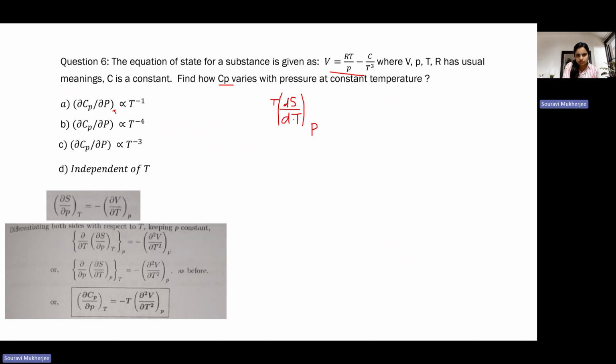So you want this. What you know is V in terms of T and P. So if you have to find this, you have to somehow bring a derivative with respect to pressure into this expression, right? Because you have to find a derivative with respect to pressure. So you do a derivative with respect to pressure.